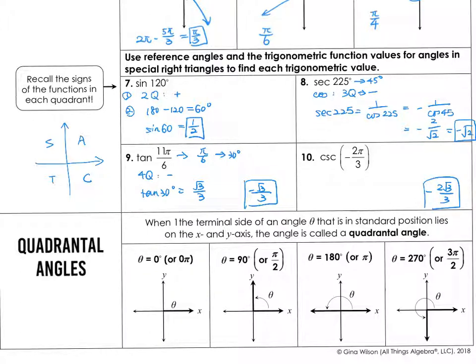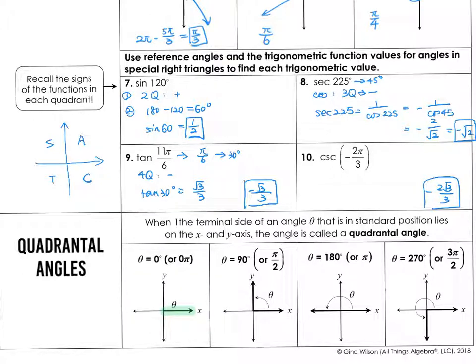So the last part of this page, again, is the definition of quadrantal angles. It's just a fancy way to call an angle where the terminal side ends on one of the axes. So if you look at the first angle, when it's 0, one side of the angle is on the x-axis, and the second side doesn't go anywhere, it stays in the same place.